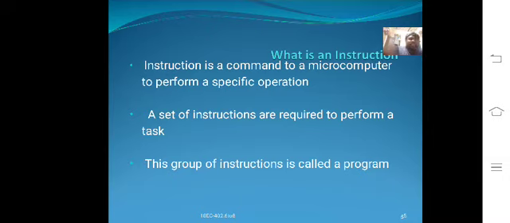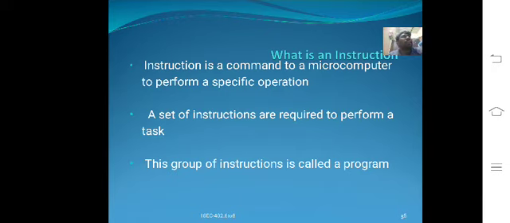The instruction is nothing but a command to the microcomputer to perform a specific task. To perform a specific task, we are using the instruction. The instruction means nothing but a command.